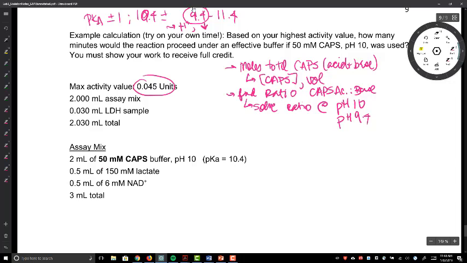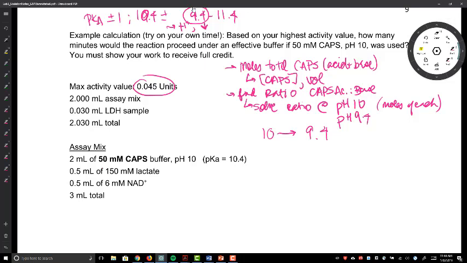So to figure out the pH change for which this would be an effective buffer, it would be the change in pH from pH 10 down to 9.4. So we can use the ratios, see how the ratio of acid to base changes, and then therefore how the moles of each change from a pH of 10 to a pH of 9.4.